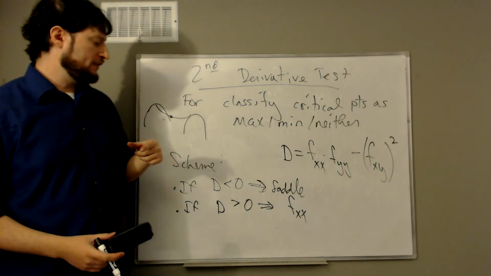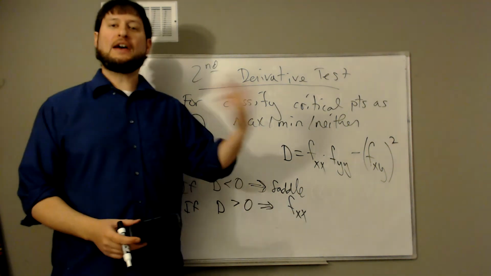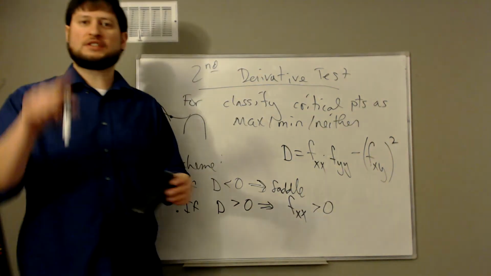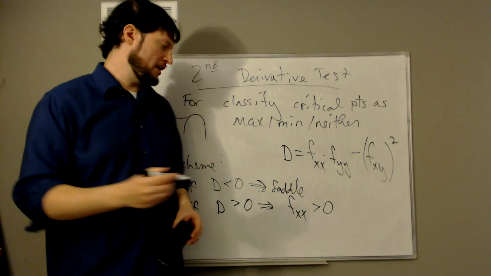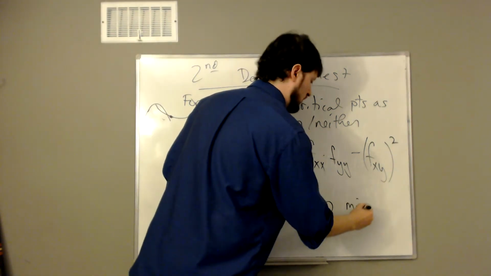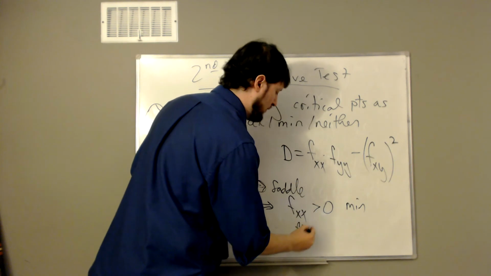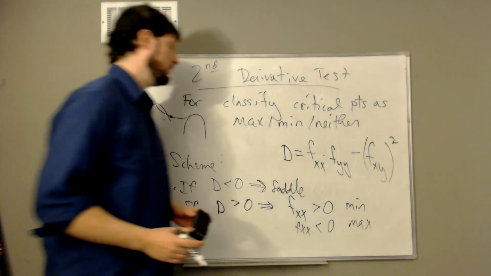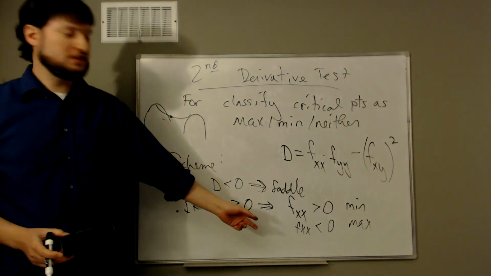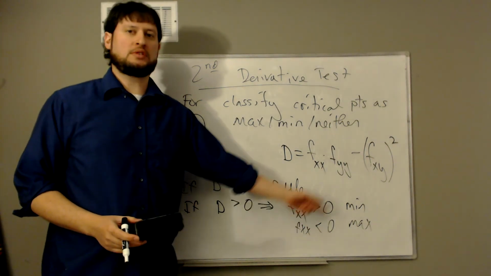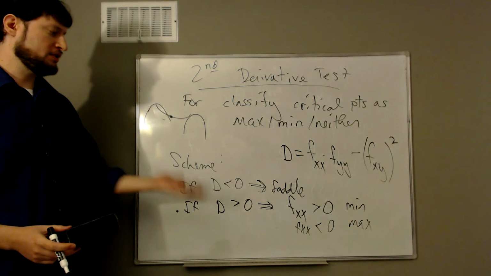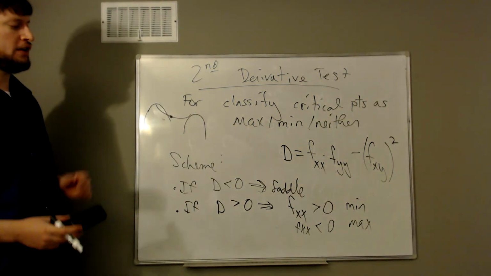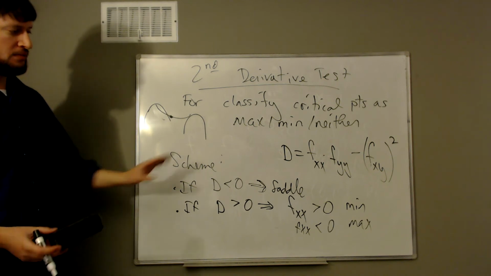If it's concave up, that means it's a min. If it's concave down, then it's a max. We could have just as easily used f sub yy here. It will get us the same answer, but this is our procedure that we're going to write and stick with. Other things would work, but this is fine.